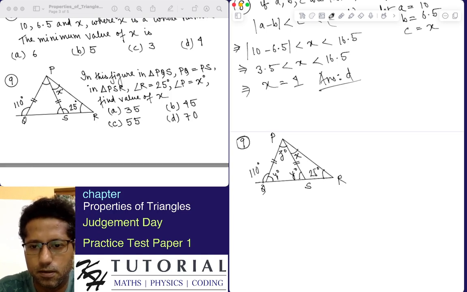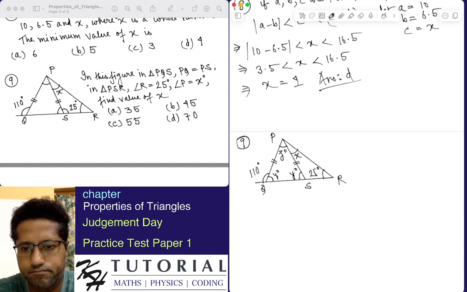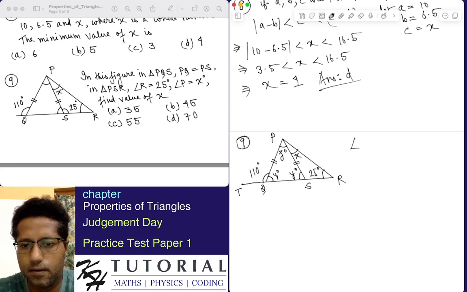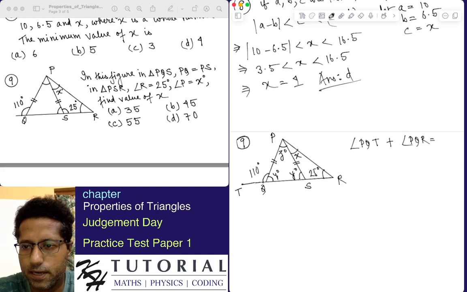Now, see what will be y. If we extend this, let this be t. So angle PQT plus angle PQR should be equal to 180 degree, as they are a linear pair of angles.